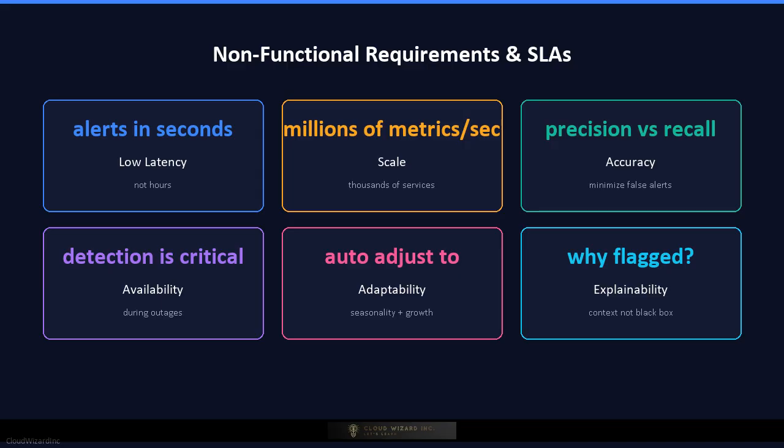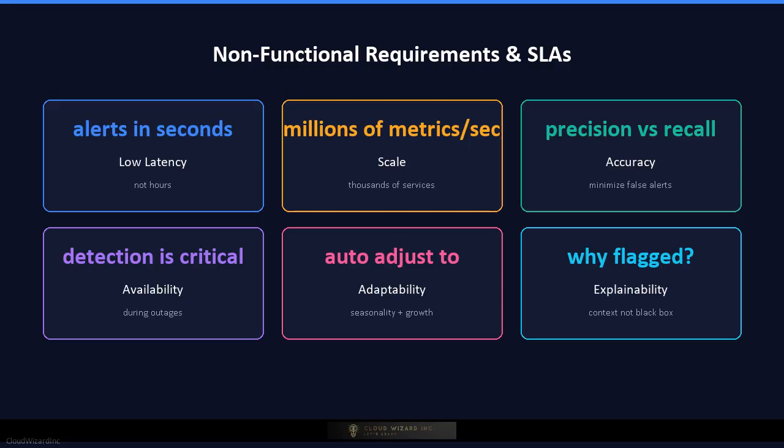Now the non-functional requirements. The system must be truly low latency, detecting anomalies and firing alerts within seconds to minutes of the event occurring. It must be scalable, handling millions of metrics per second from thousands of services in tens of thousands of dimensions. It must be accurate, balancing precision and recall to minimize false positives and false negatives.